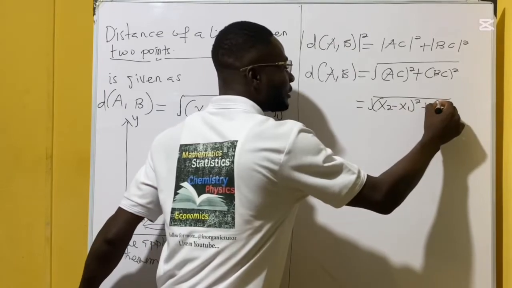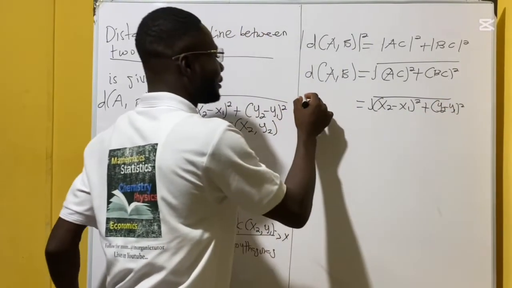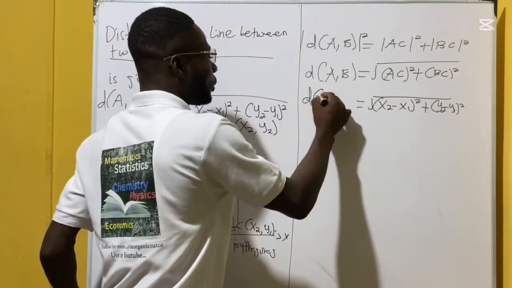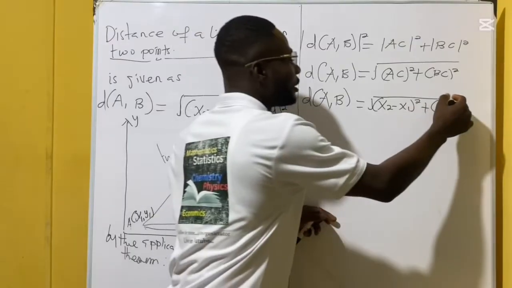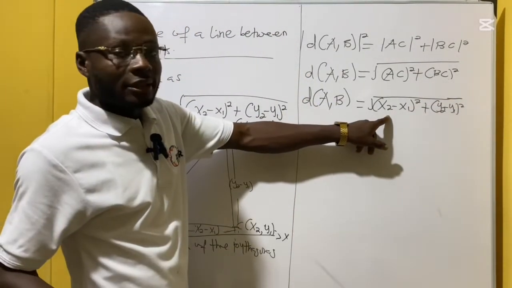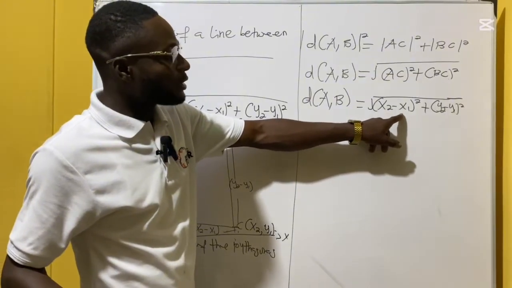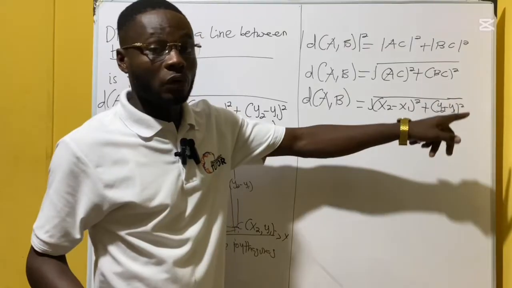So that is y2 minus y1 all squared, right? So we have distance of line AB to be square root of x2 minus x1 all squared plus y2 minus y1 all squared.